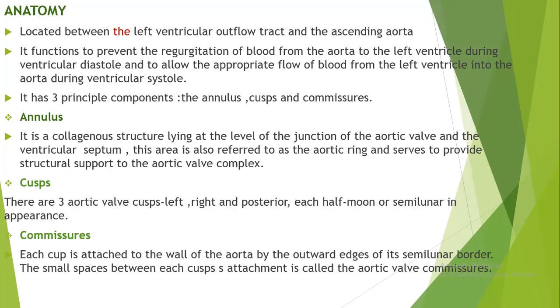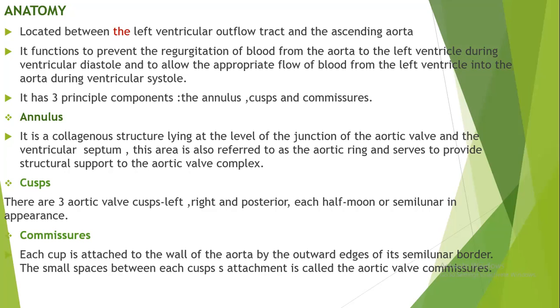The three principal components of the aortic valve are the annulus, the cusps, and the commissures. The annulus is the collagenous structure which lies at the junction of the aortic valve and the ventricular septum. It is also referred to as the aortic ring and serves to provide structural support to the aortic valve complex.